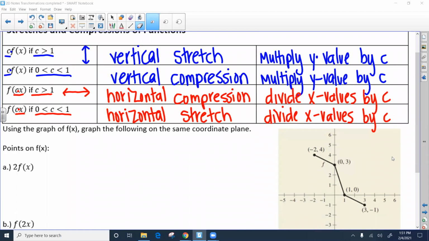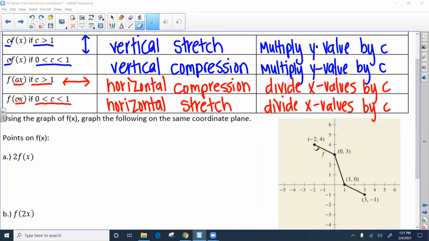As you can see, we have two of the same graph drawn over here on the left. We're going to do 4 transformations.